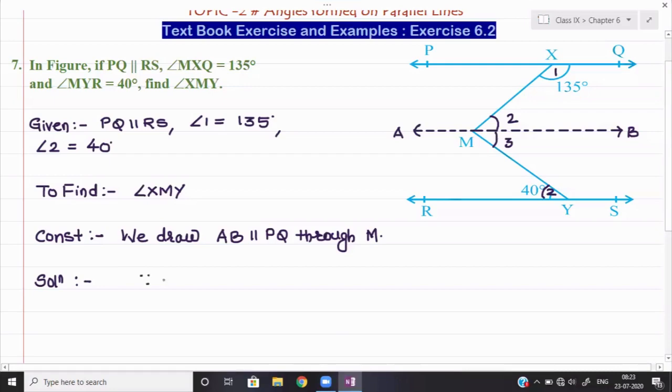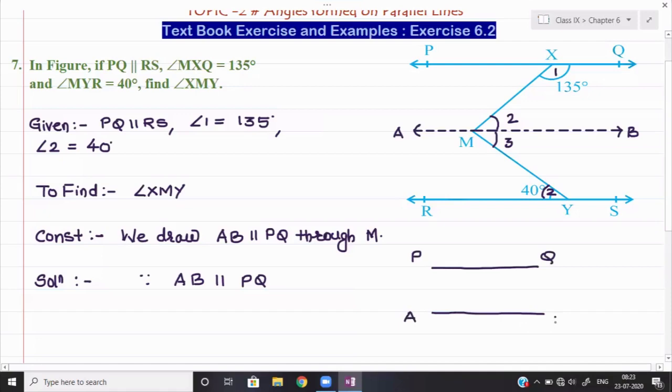Since AB is parallel to PQ, okay, AB and PQ are parallel. For example, if I draw one line and another line, look at that figure separately. This is line PQ, and this will be line AB.